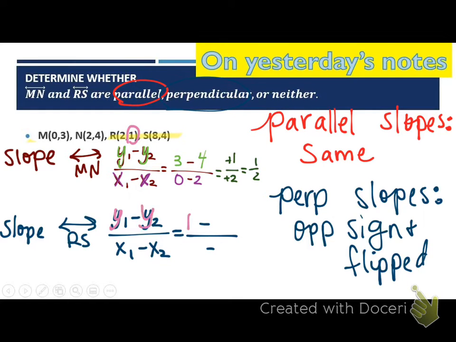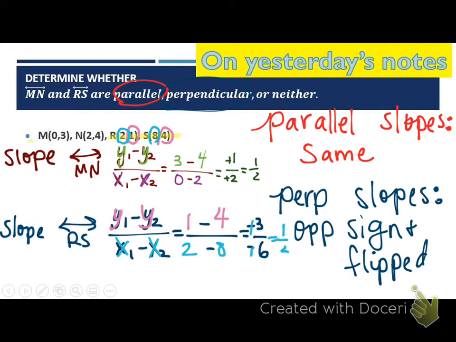My second y? 4. My first x? 2. And my second x is 8. 1 minus 4 is -3. And then 2 minus 8 is -6. So this becomes positive 1/2.